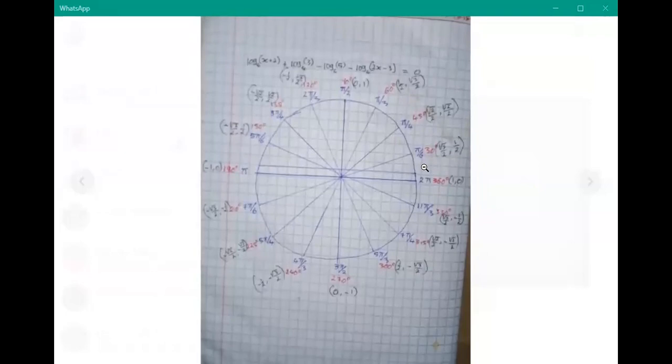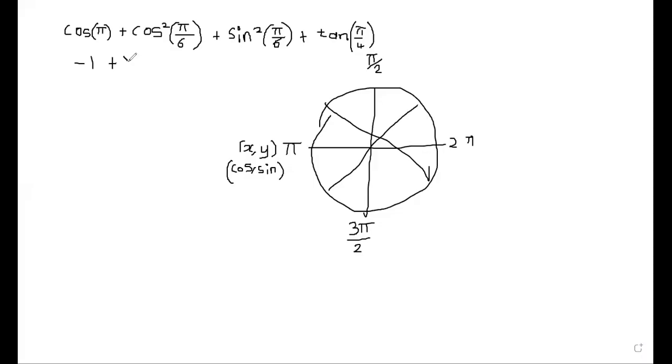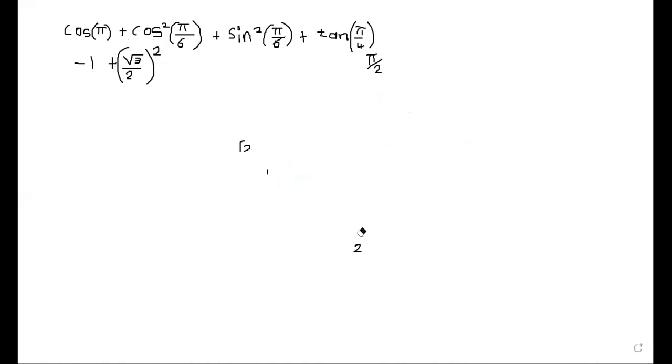The cosine of that is root 3 over 2, and we must square that. So root 3 over 2, and it's cosine squared.